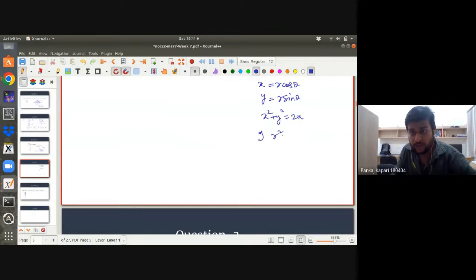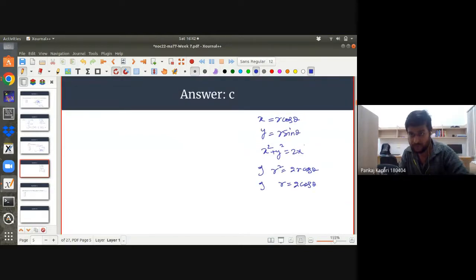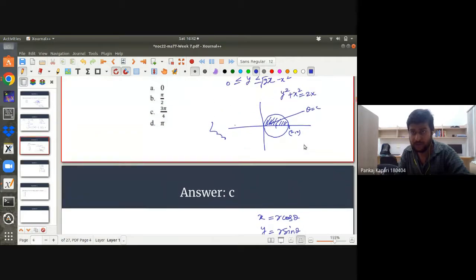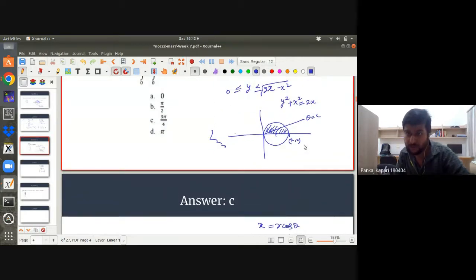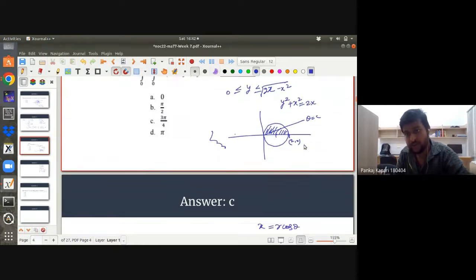That means r square equal to 2r cos theta. That will give r is 2 cos theta. That means r varies from 0 to 2 cos theta, and then theta will vary from 0 to pi by 2.